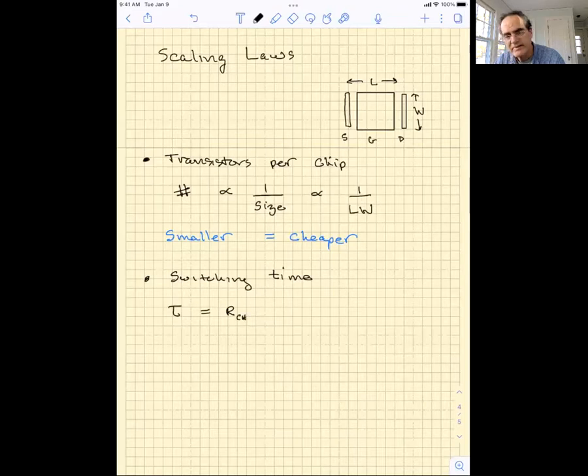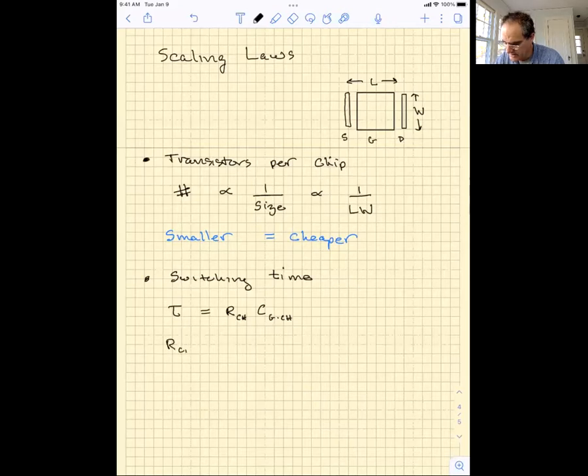It's governed by the resistance of the channel times the capacitance of the gate channel capacitor, okay? Because the capacitance determines how much charge we have to inject, and the resistance determines how fast we can get the charge in there. So it's governed by this RC charging time.